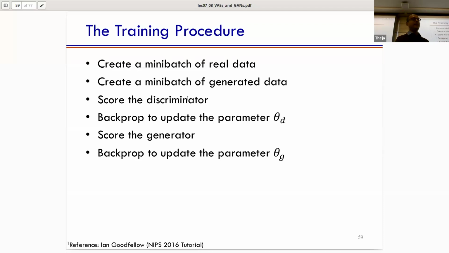And then you can score the generator as well. Given the current generated images, when they pass through the discriminator and produce a bunch of numbers, what was the loss for the generator? Remember, the loss for the generator is just minus whatever the loss for the discriminator is. Then you update the parameters of the generator so that the current loss is further reduced. It's just a gradient update you do.